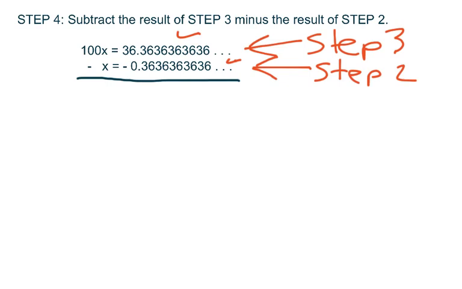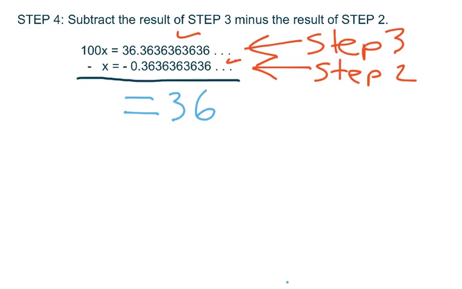So when you subtract, everything to the right of the decimal point subtracts away and goes away. So all you have on the right now is 36. Everything else is gone. It's pretty cool.